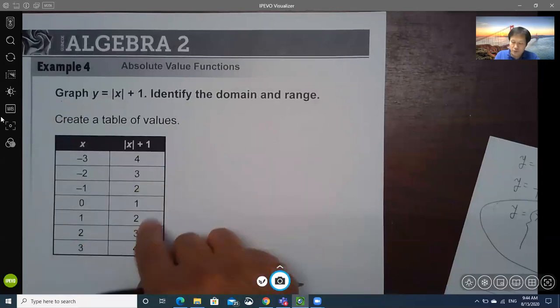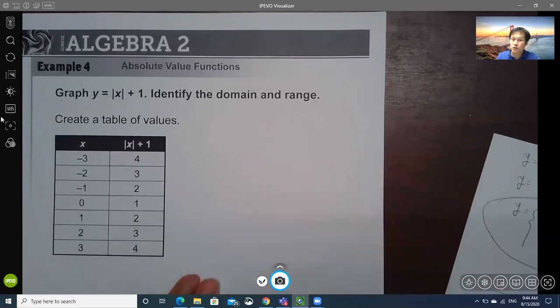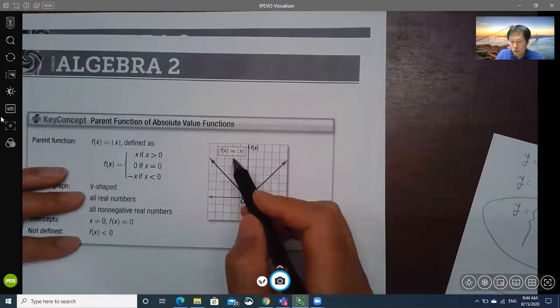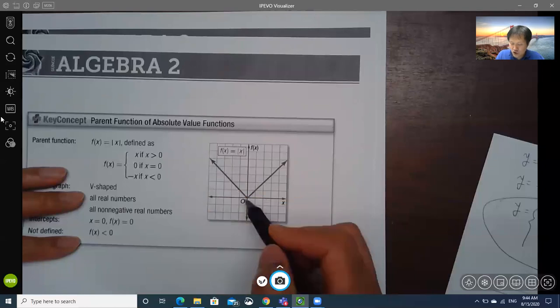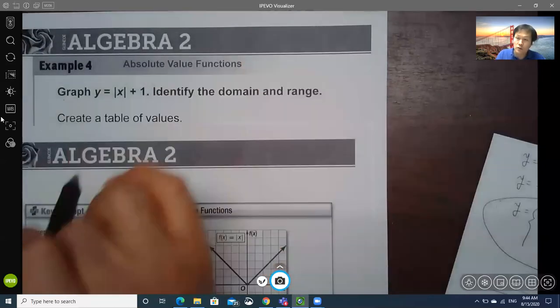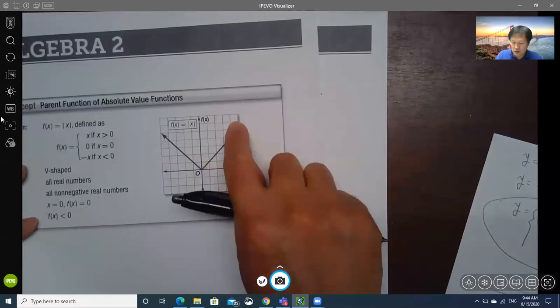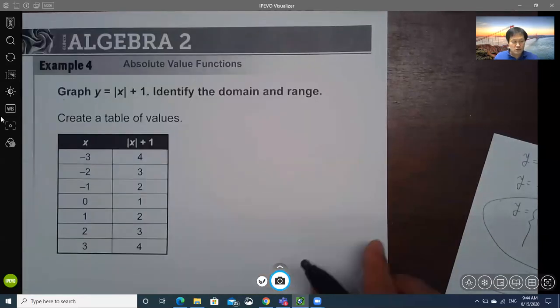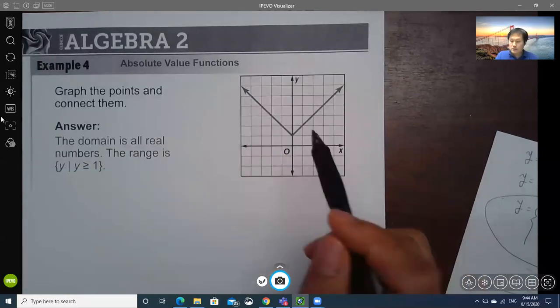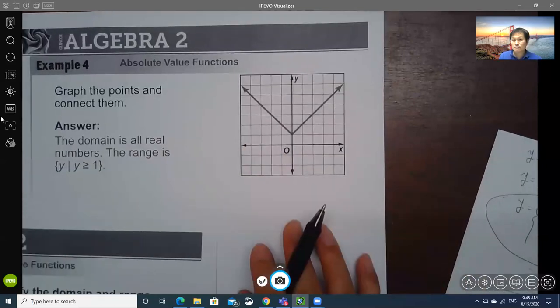So we got 7 points here, plot and connect them. Or if you know absolute value of x is a V shape, all we did is move up by 1. Then you can easily shift this graph up by 1, right there.